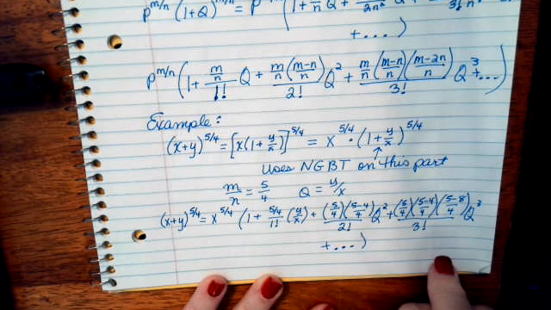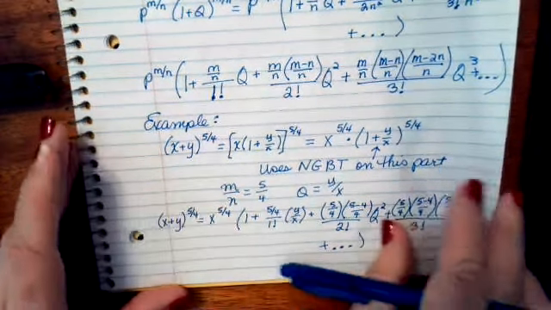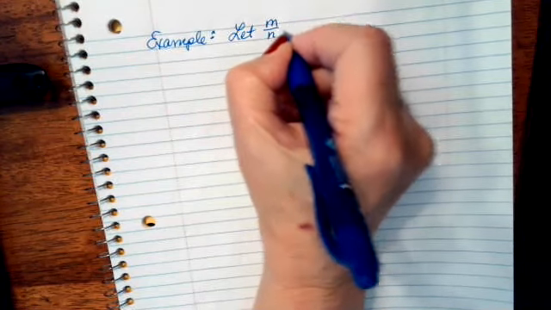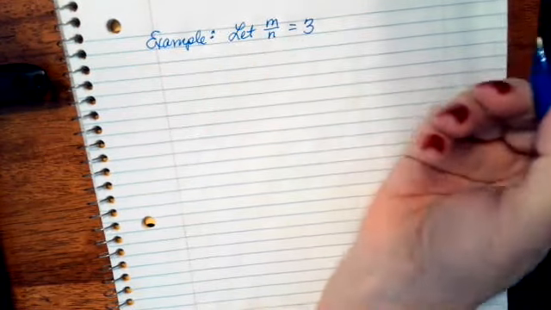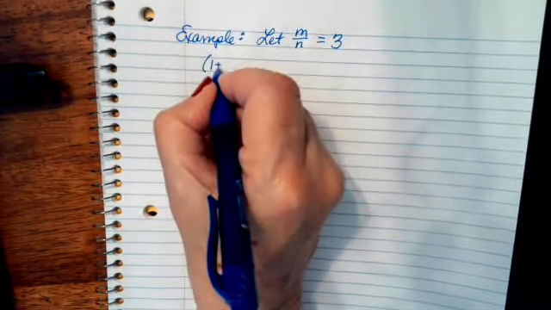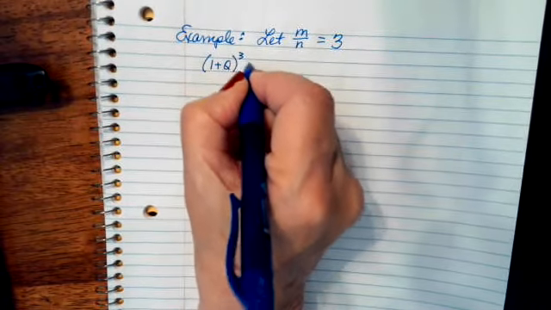Okay. All right, well, let's try another example. Let us look at, let's let m over n, our exponent, be 3, a positive 3. And let's expand 1 plus q to the third power.